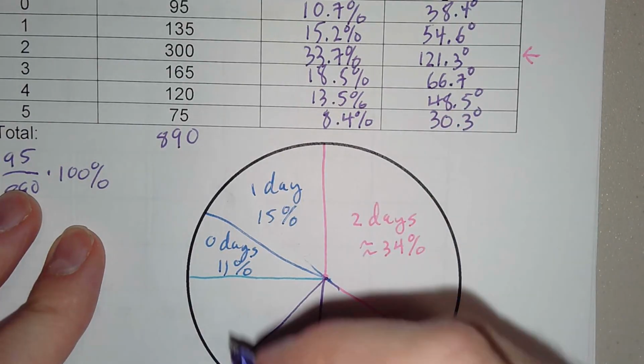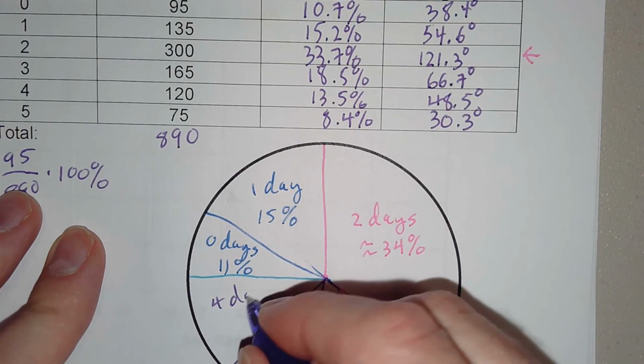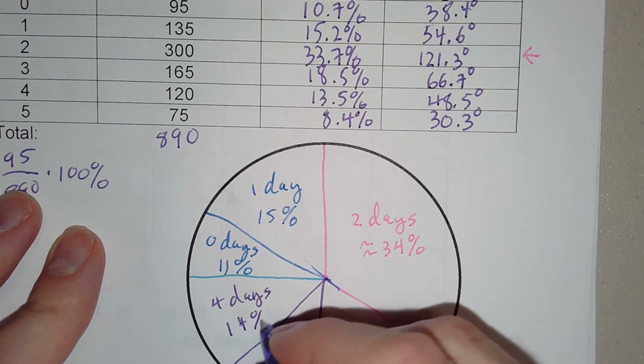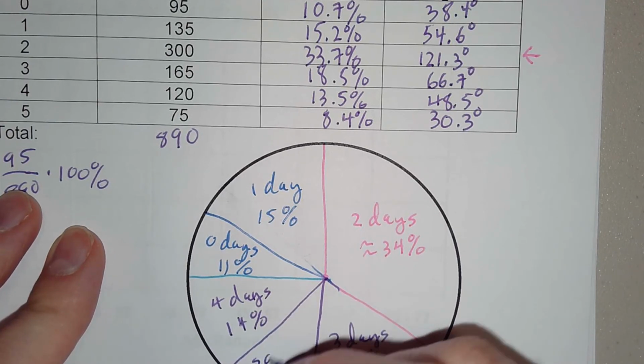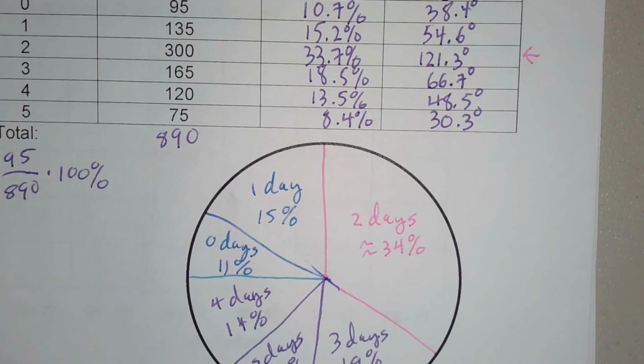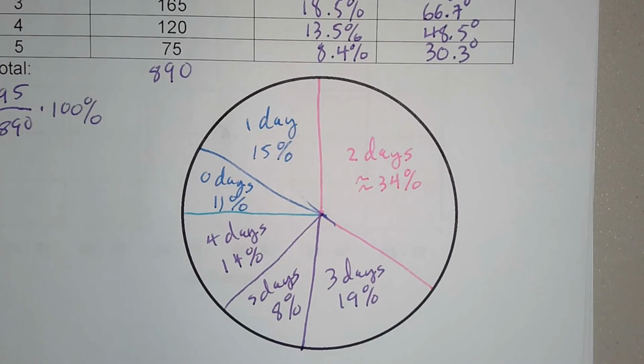So I'll call that 14%, so that's 4 days. And 5 days, that would be about 8%. So that would be our pie chart.